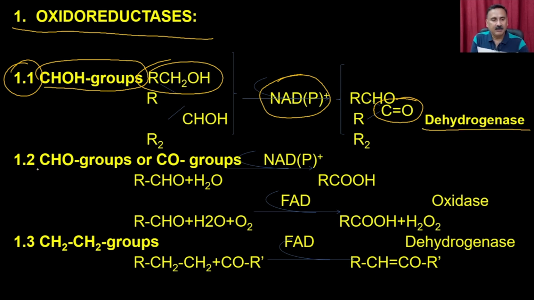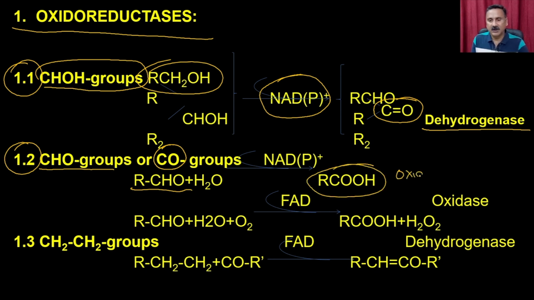Then we have 1.2, the enzymes which act on aldehydes or carbonyl groups, and they convert the aldehyde into the acid, so it is an oxidation reaction, right? Because you are converting the aldehyde into the acid, and it uses NAD+ as a cofactor.